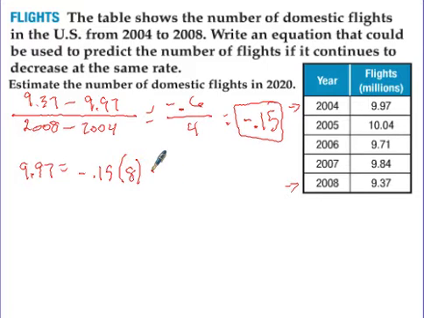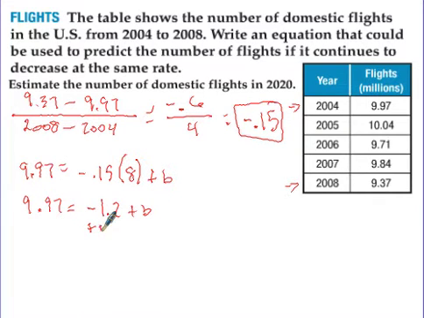Okay, so 0.15 times 8 plus b. All right, so 9.97 equals negative 1.2 plus b.